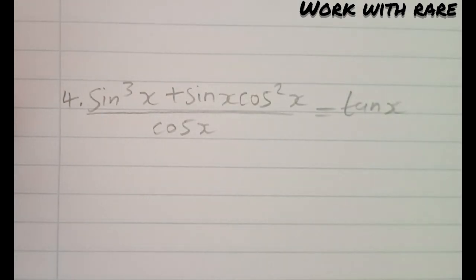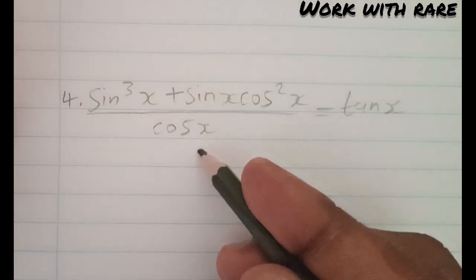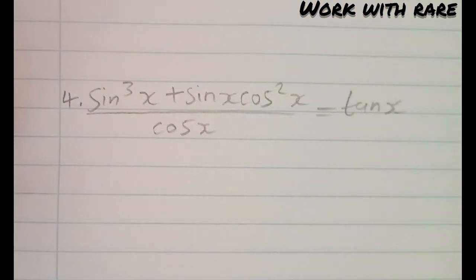So before you answer this question, like I said, you should always check the left hand side and the right hand side. On the right hand side, we can see this is all fixed because we have tan x, and we know tan x is equal to sine x over cos x.